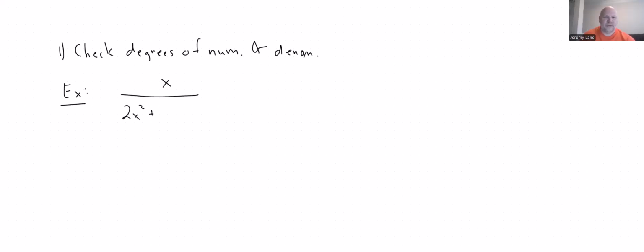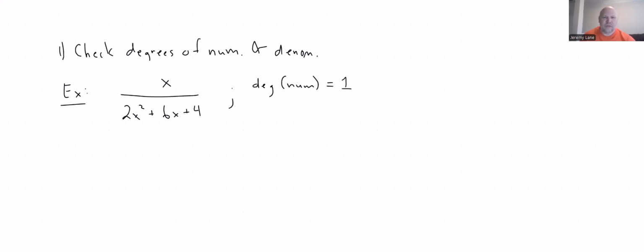the degrees of the numerator and denominator. So when we have our example, let's say we have our example, x over 2x squared plus 6x plus 4, the degree of the numerator was 1, the highest power on the x variable here.